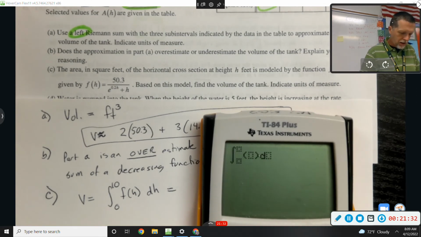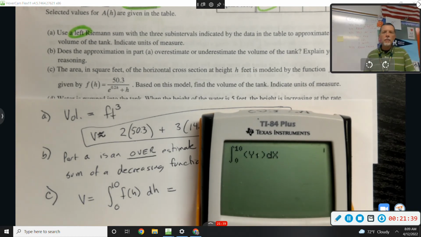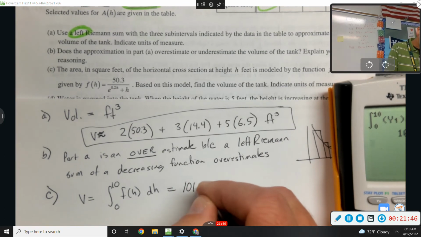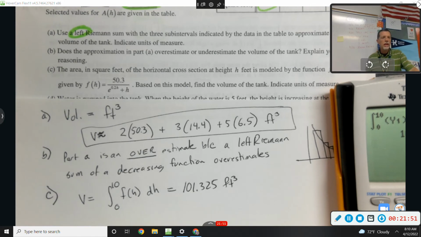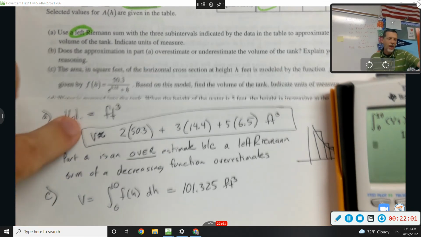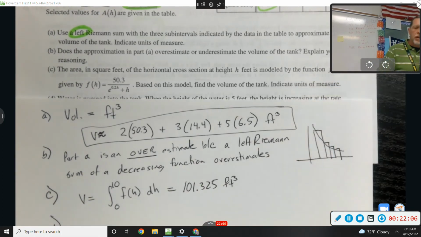If I have time, maybe I go back and look at it, but right now I just want to integrate from 0 to 10 and get 101.325 feet cubed. And if I had extra time, I'd really like to type part A into a calculator and see if they're in the ballpark, and see if A is an overestimate of part C. But I don't have time for that.